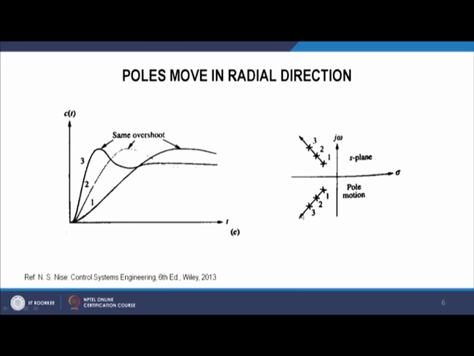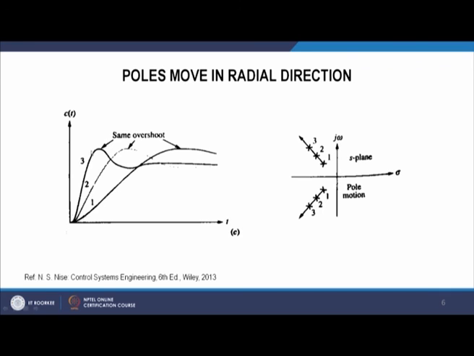Now we come to the case when poles move in the radial direction. So when poles move in the radial direction, we can see that this is the constant damping line, because theta is constant, so your damping will be constant, and therefore percent overshoot will be constant.